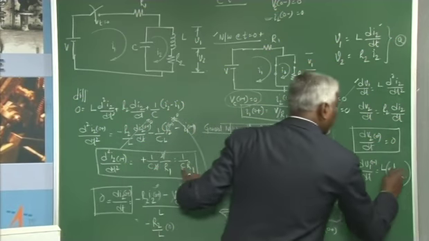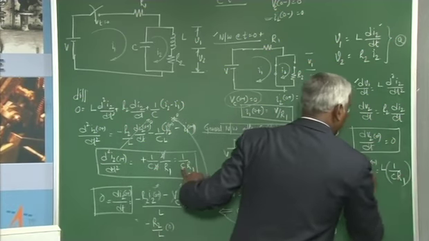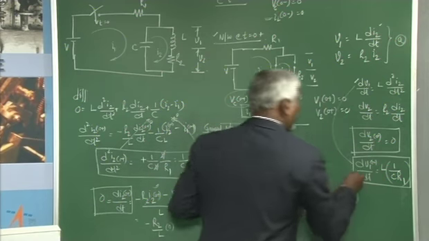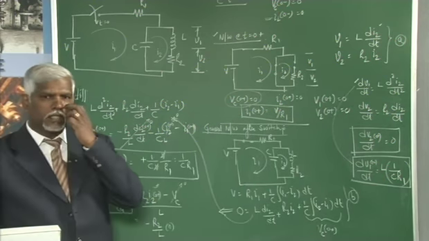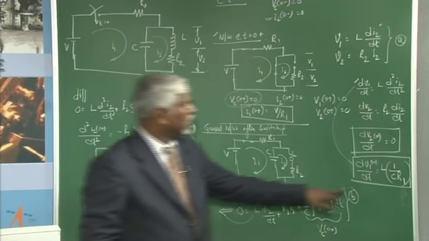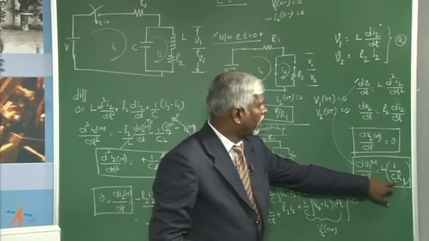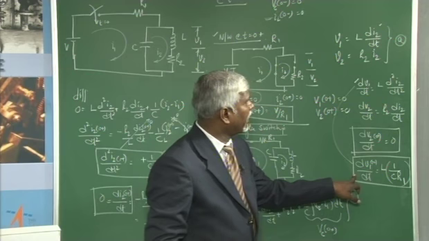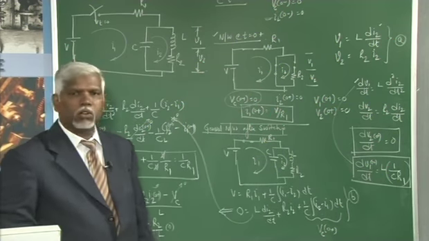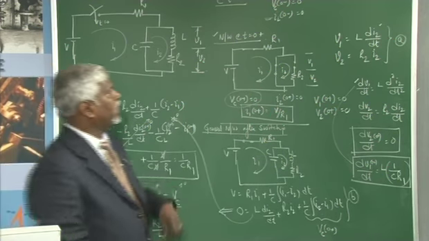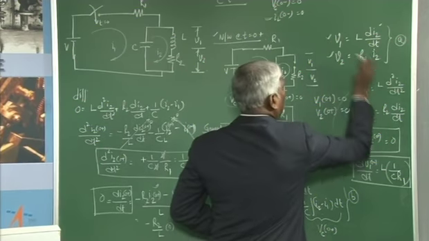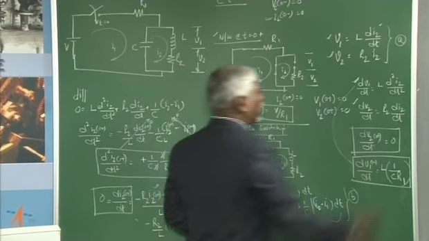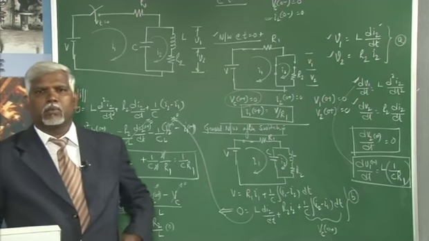This will be your dV1 by dt at t equal to 0 plus. So, this is how you can evaluate V1 and V2 at 0 plus, and dV1 by dt and dV2 by dt at t equal to 0 plus.